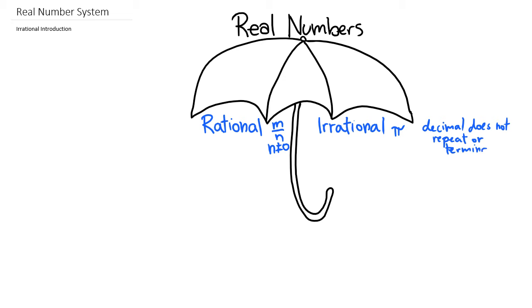We'll look a little bit more at these irrational numbers, but let's look over at these rational numbers. Within the rational number set, we have more specific ones. We can call them integers. Integers are positive and negative whole numbers, and a set within the integer set are whole numbers.